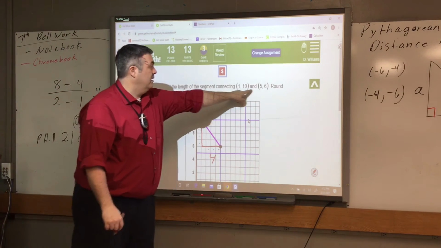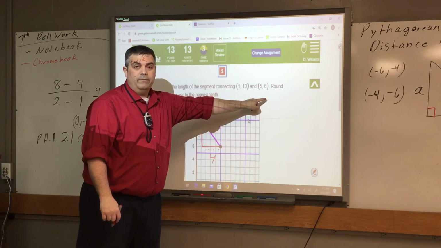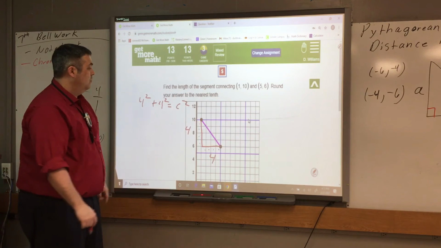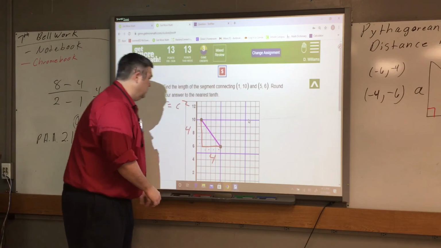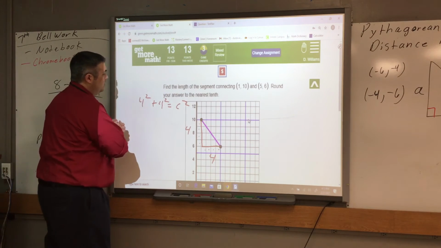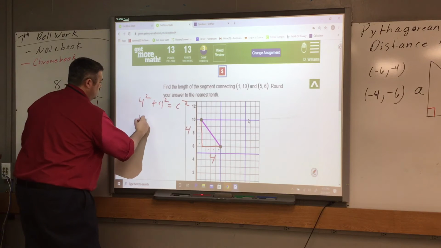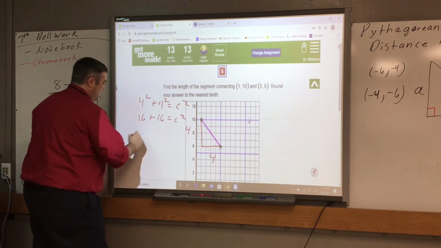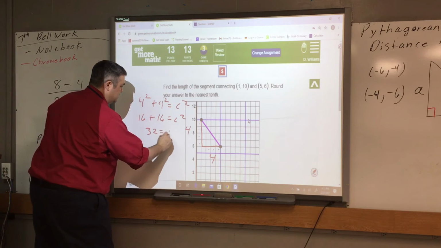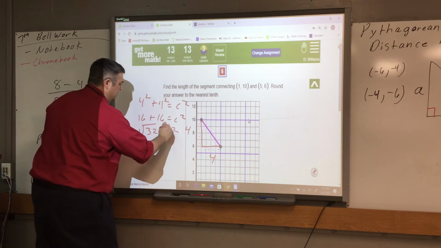Well, they gave me the points. So if you want to graph it on graph paper, do that. They gave you the points, okay? So here, 4 squared plus 4 squared, 16 plus 16 equals c squared, 32 equals c squared, take the square root.